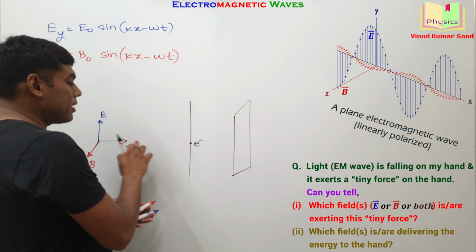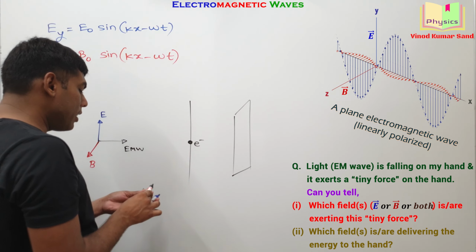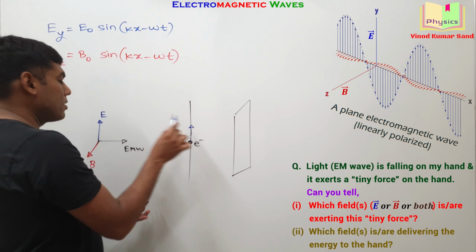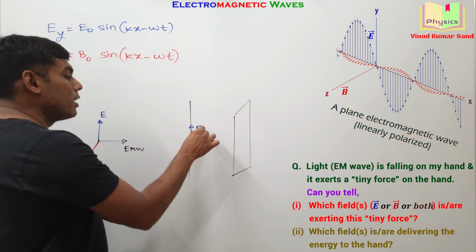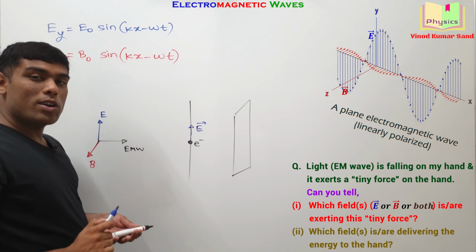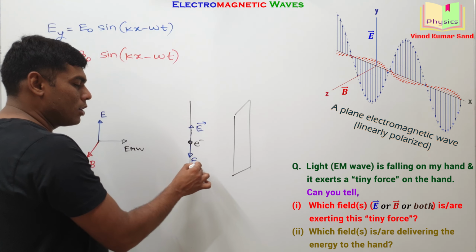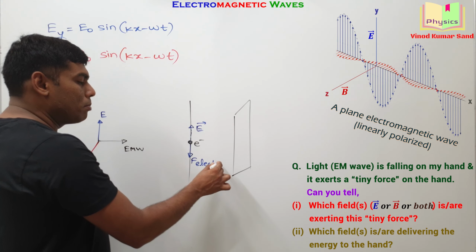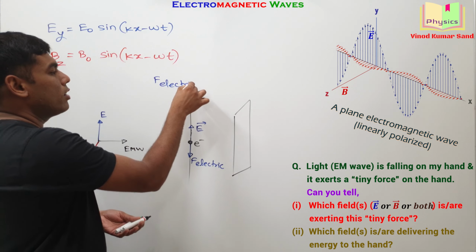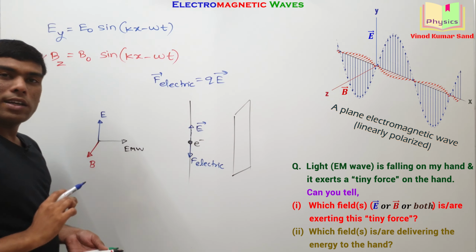Now, when this EM wave reaches this location, the electric field will be like this. This electric field will exert a force on the electron in which direction? In the downward direction. The formula for the electric force we already know: F electric is equal to Q times E vector.